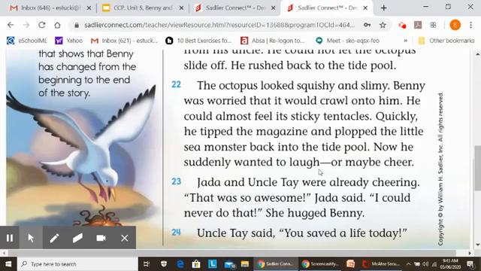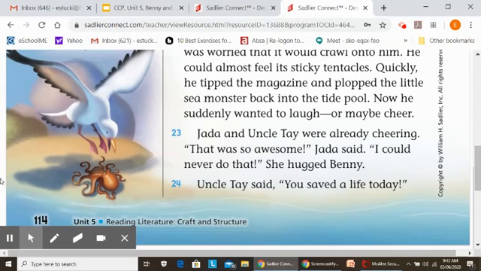Now he suddenly wanted to laugh. That often happens when you are in a very stressful situation, and after it's over, you are relieved and you actually want to laugh. It was almost funny, but it's more of relief. And he's happy because inside, I think he was really proud of himself. And so was Jada and Uncle Tay.